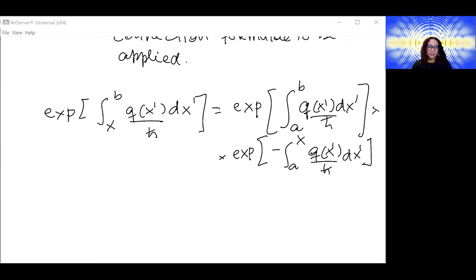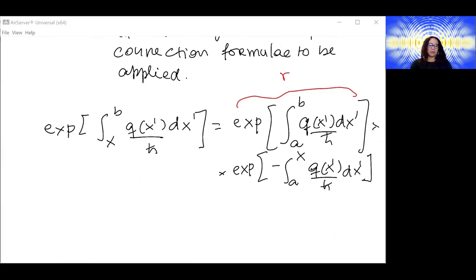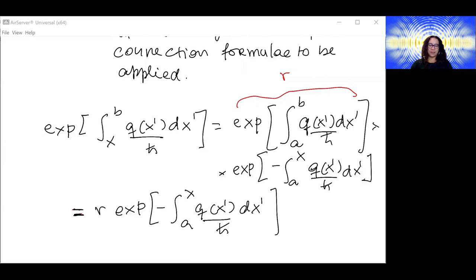Right? Now we can also call this guy R, so that this is equal to R exponential minus integral from a to x of q(x') dx' divided by h bar.